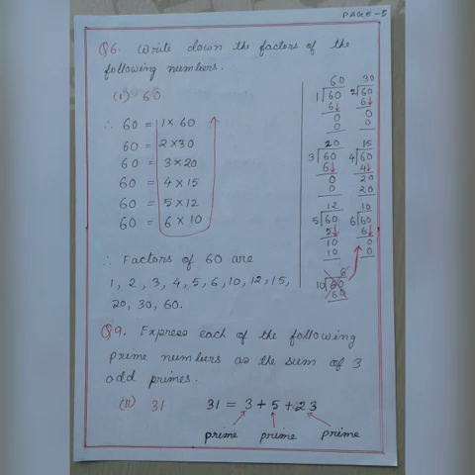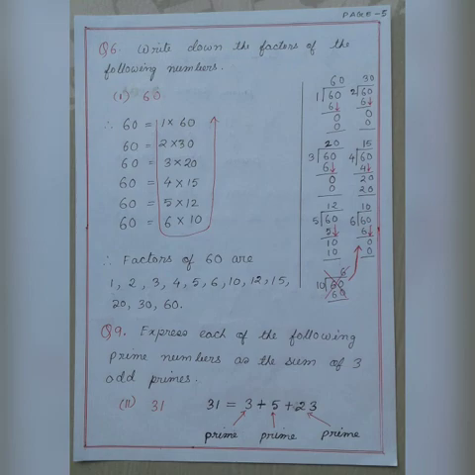Question number 9. Express each of the following prime numbers as the sum of three odd primes. So 31. Question number 2, 31. I have to represent 31 as the addition of 3 prime numbers.